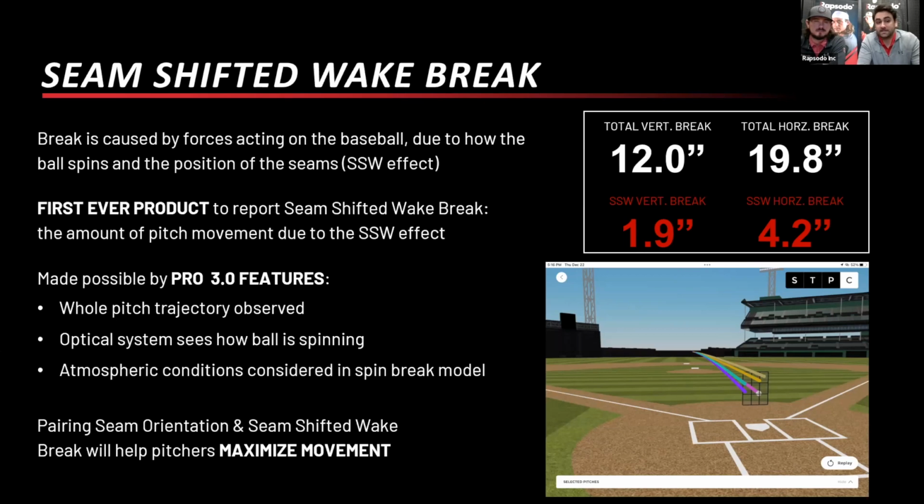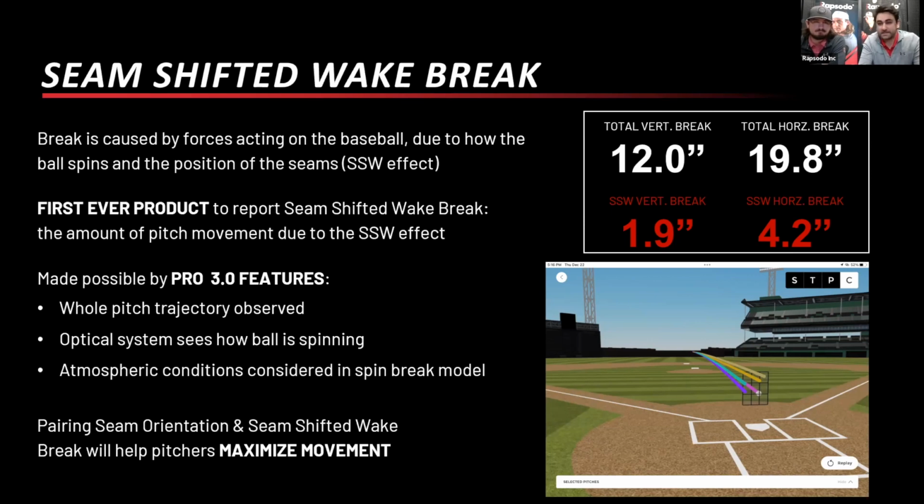Spin creates the Magnus effect, which we're not going to get into in a lot of depth right now, but that also creates a force that acts on the baseball. And then what came out of my lab research at Utah State University was that the position of seams on the baseball can also create a force that acts on the ball and affects the way the ball moves. And we called this the seam shifted wake effect.